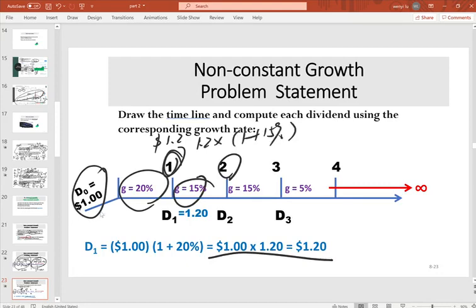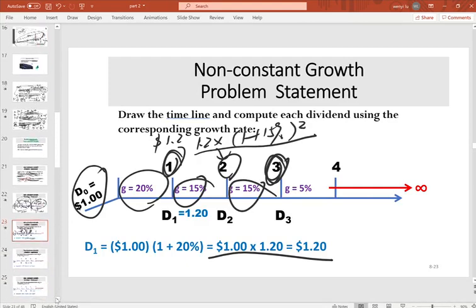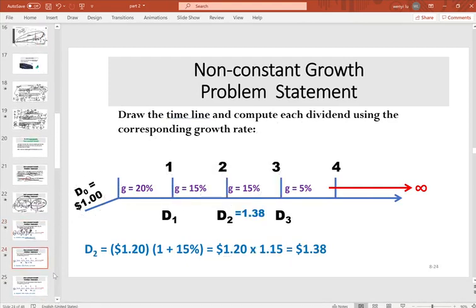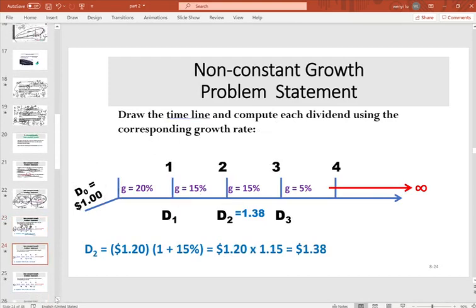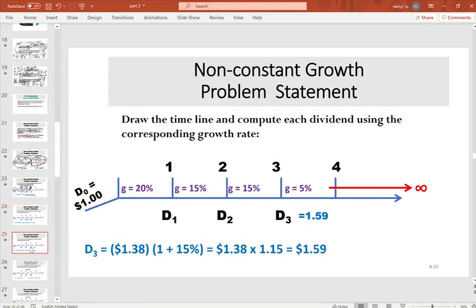On the third year, your dividend will be this dividend times 1 plus 15% again, so it will be squared. So the time 3 dividend equals 1.2 times 1.15 squared. You can see the next slide for D2 and D3. So D3 equals $1.59 per share.